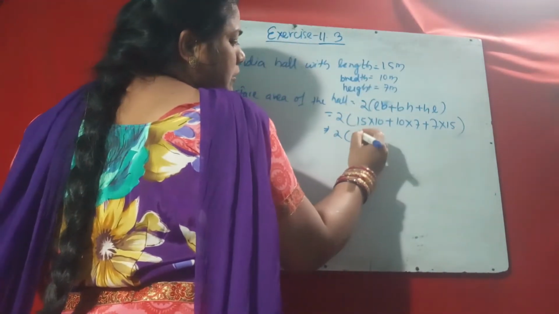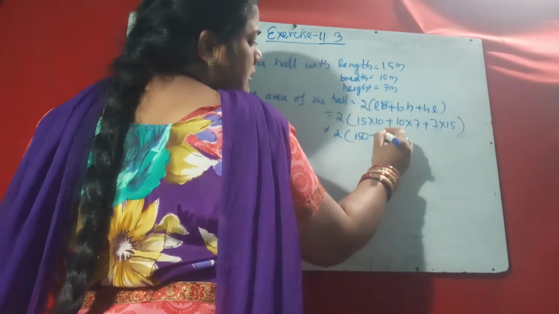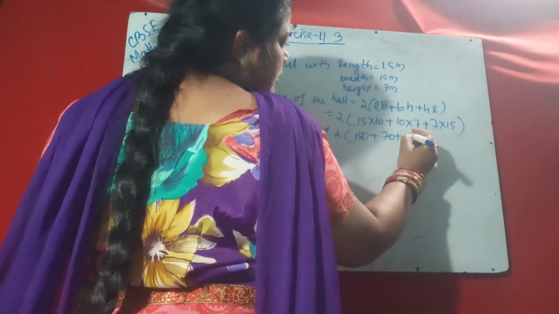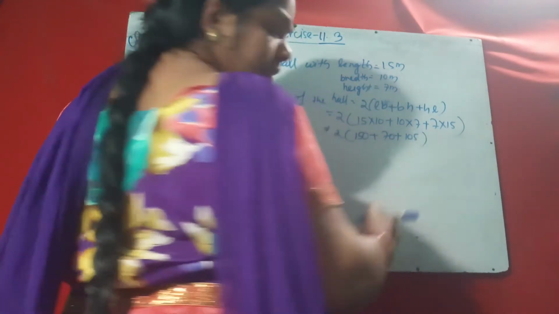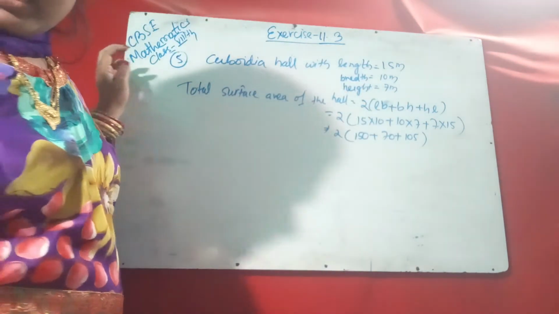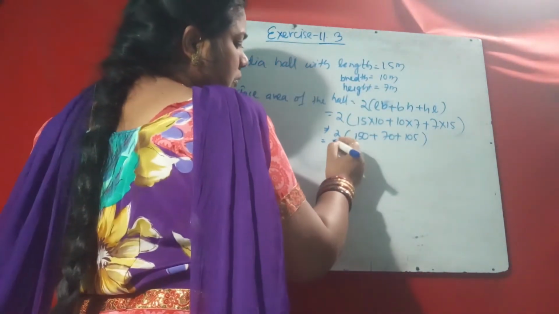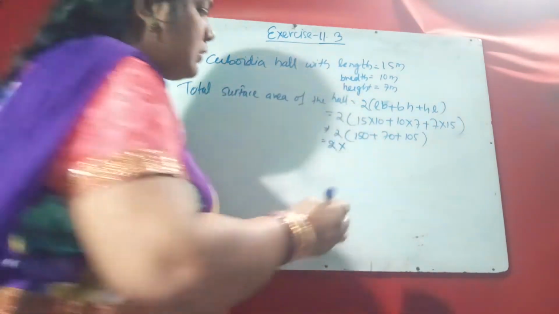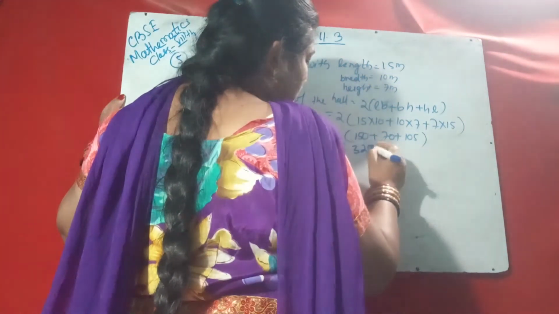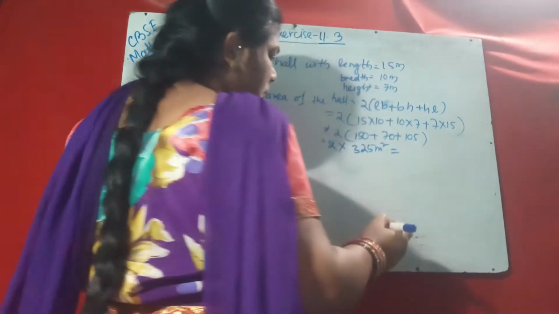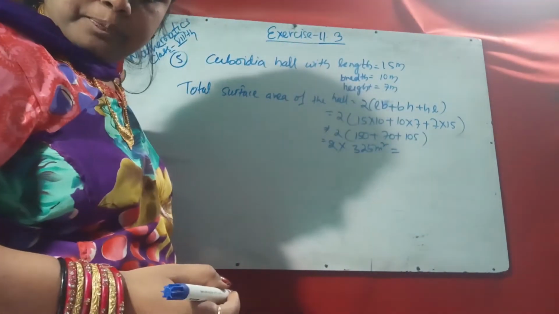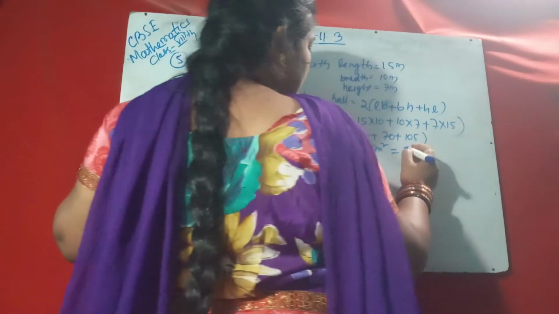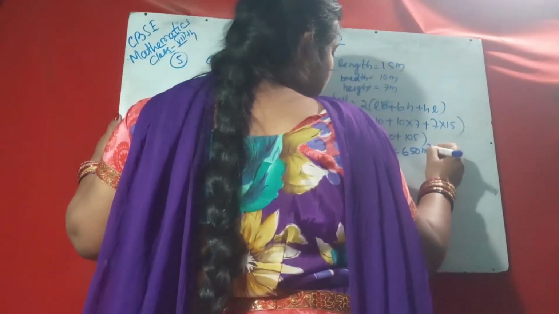So 2 into (150 plus 70 plus 105), equal to 2 into 325 meter square, equal to 650 meter square.